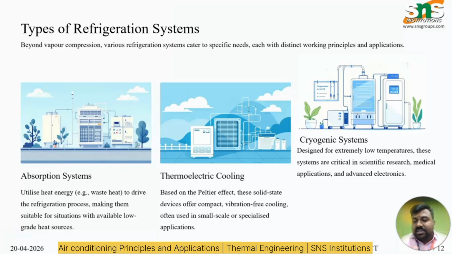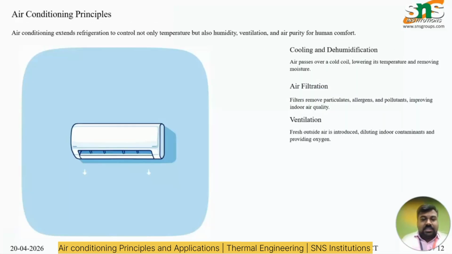These solid state devices offer compact and vibration free cooling, often used in small scale or specialized applications. Cryogenic systems are designed for extremely low temperature conditions. These systems are crucial in scientific research, medical applications and also some advanced electronics applications.